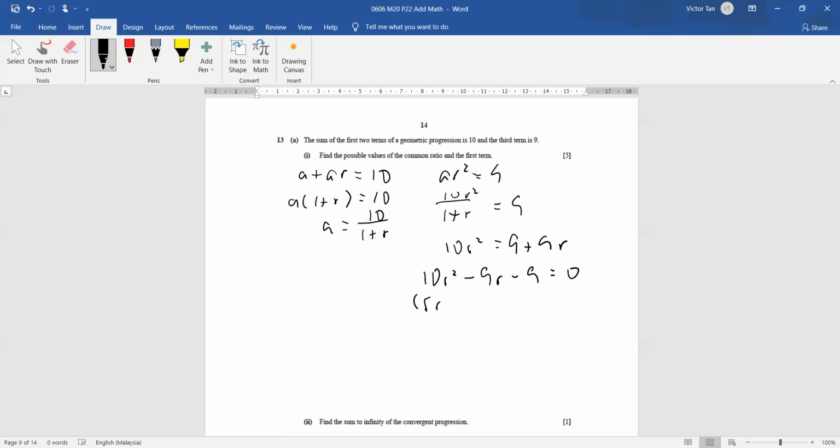Factorizing, it should be (5r plus 3)(2r minus 3) equals 0. So you have r equals minus 3 over 5 or r equals 3 over 2.